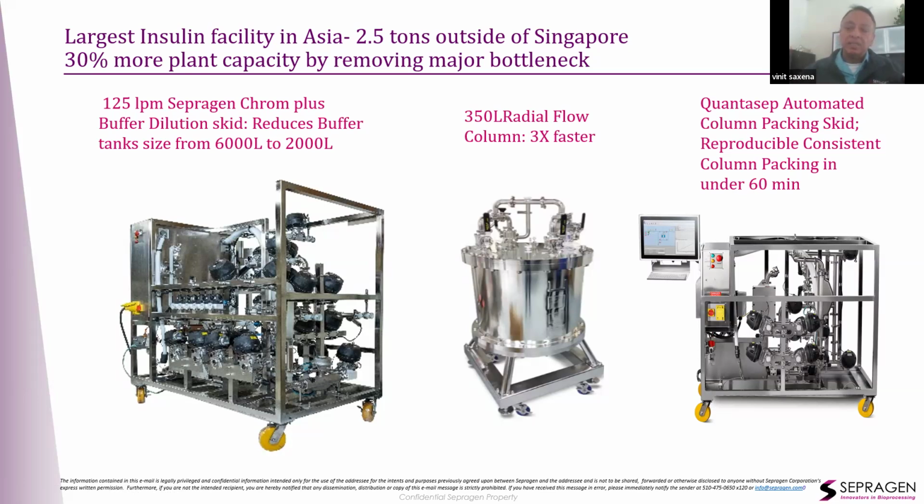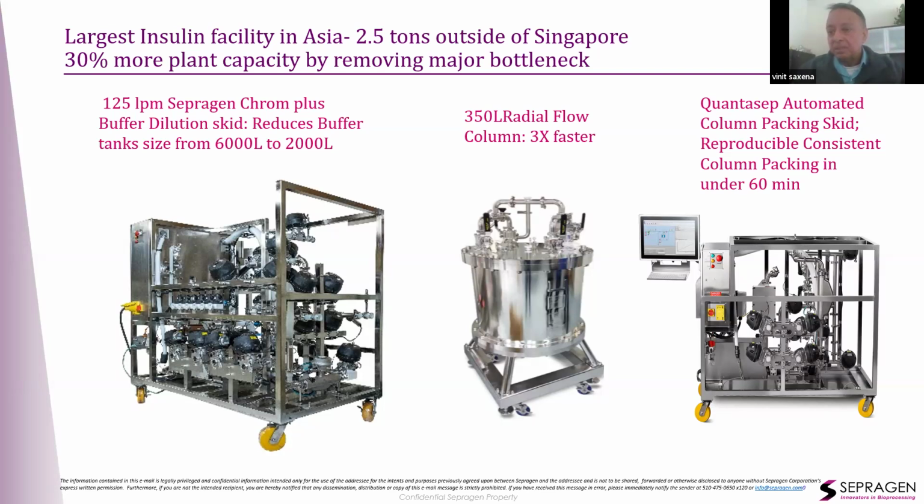What that does is increase the capacity of this $250 million plant because it frees up. If you shorten the bottleneck process, it creates additional capacity of that plant. And that's just more dollars, more revenue for the same investment.